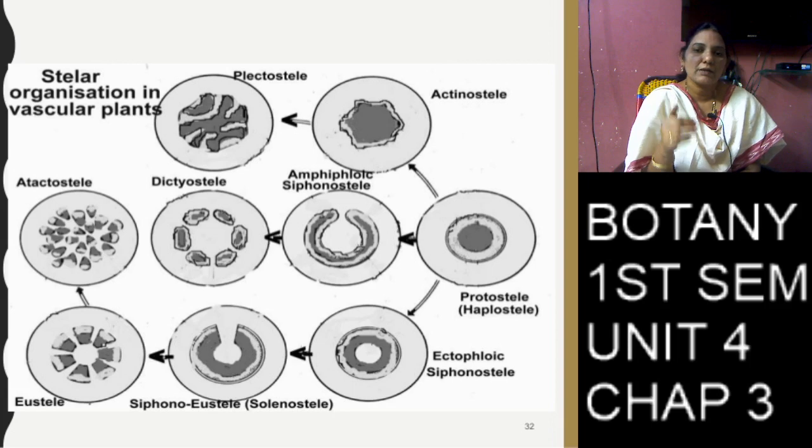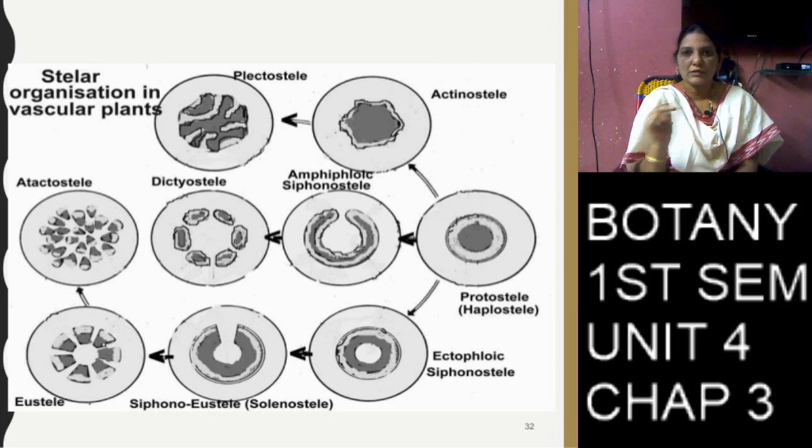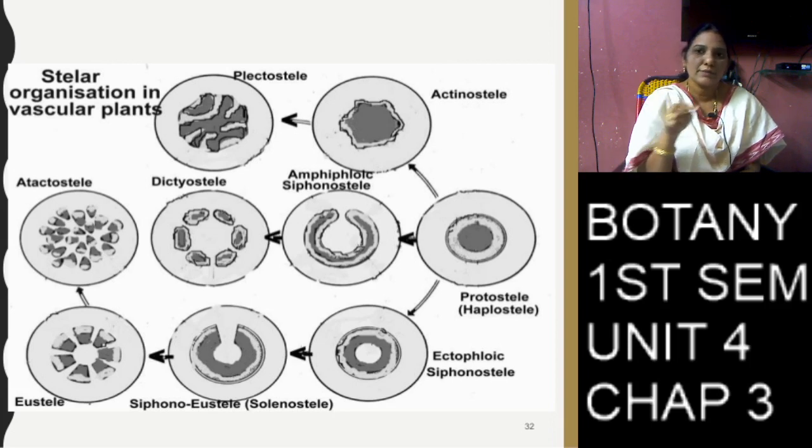So there is xylem, outer phloem and inner phloem, outer pericycle and inner pericycle, outer endodermis and inner endodermis.